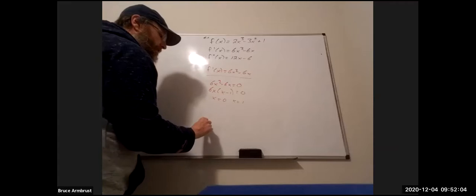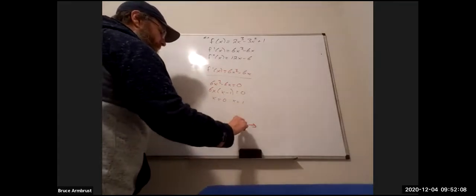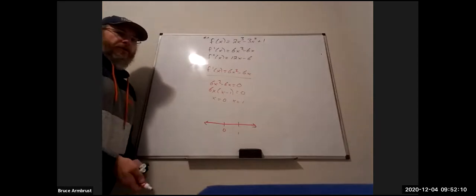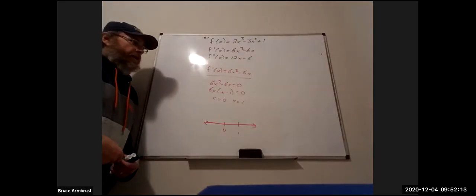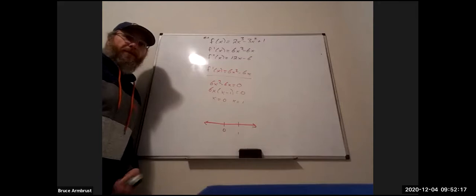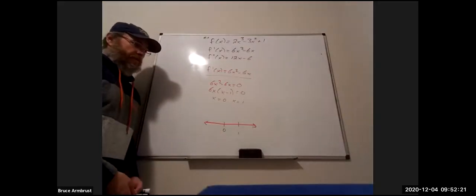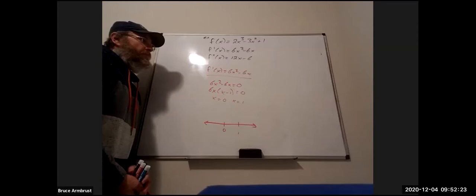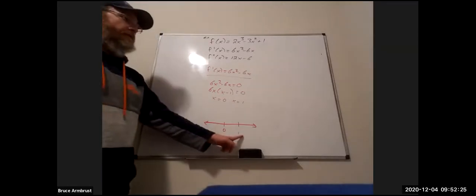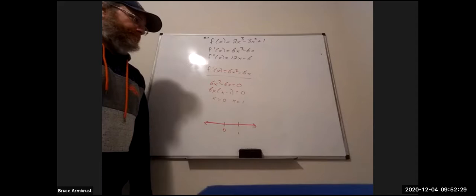All right, so here's what I'm going to do. I'm going to take the real number line and cut it at 0 and 1. And I'm going to look at the sign of this derivative, positive or negative, in these different places. For example, plug in a number bigger than 1. Pick your favorite number bigger than 1. I'm going to plug in 10.